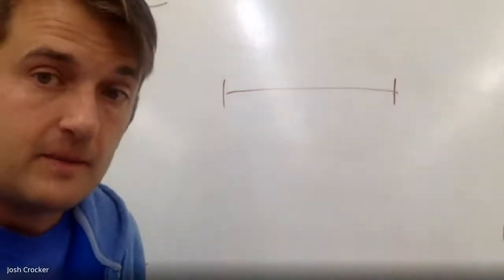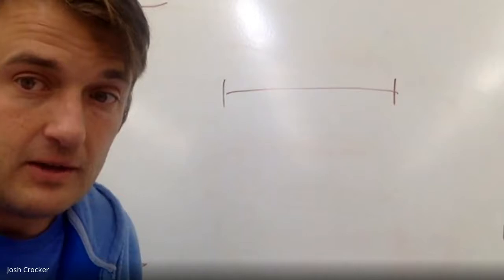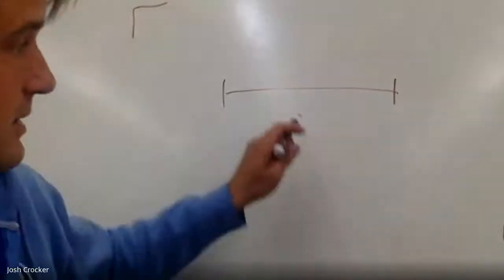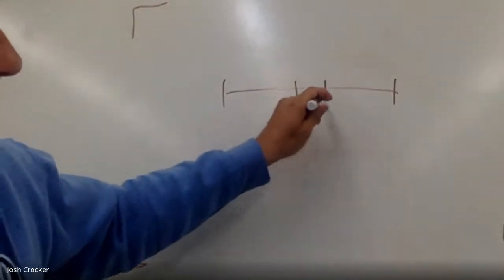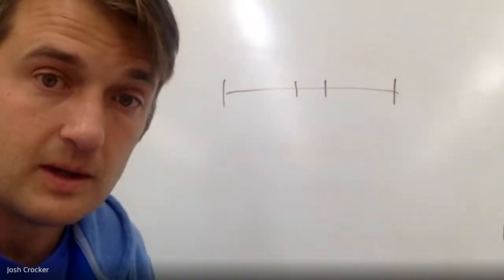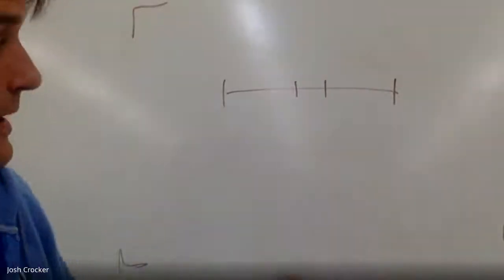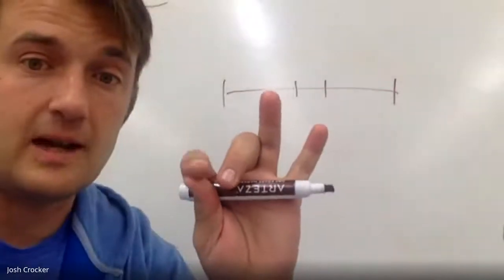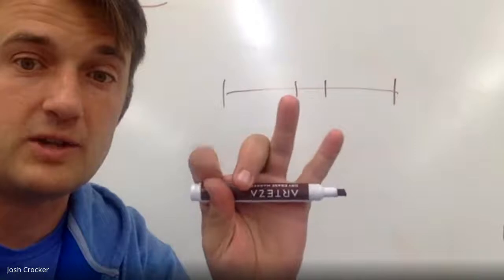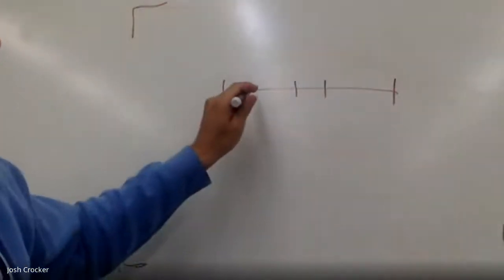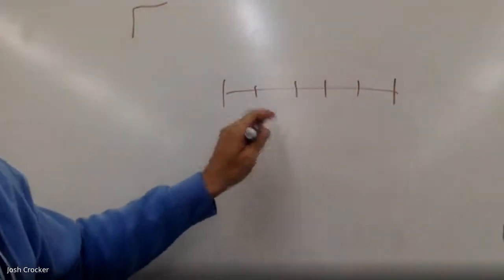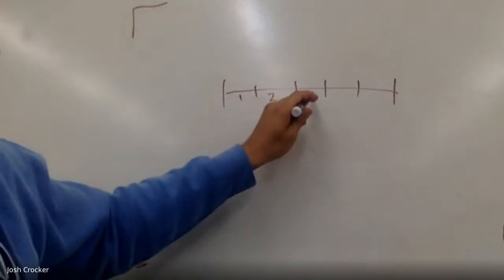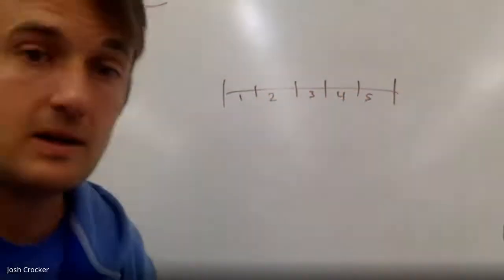You still have to be fairly accurate with how big these pieces are going to be, but I'm going to put my 1 in the middle first. That's this guy. And now I just need to put 2 on either side of him. 1, 2, 3, 4, 5.